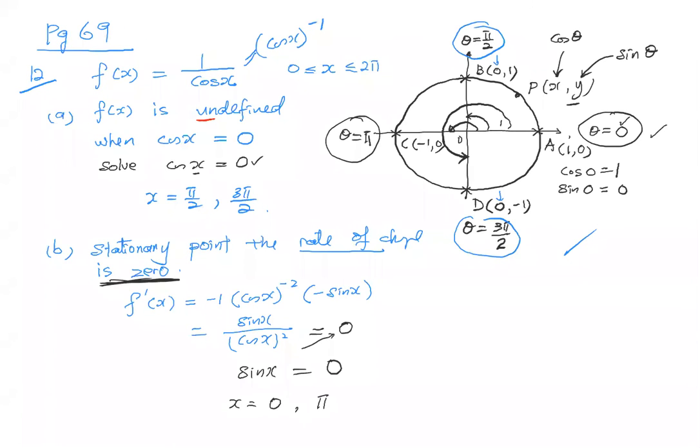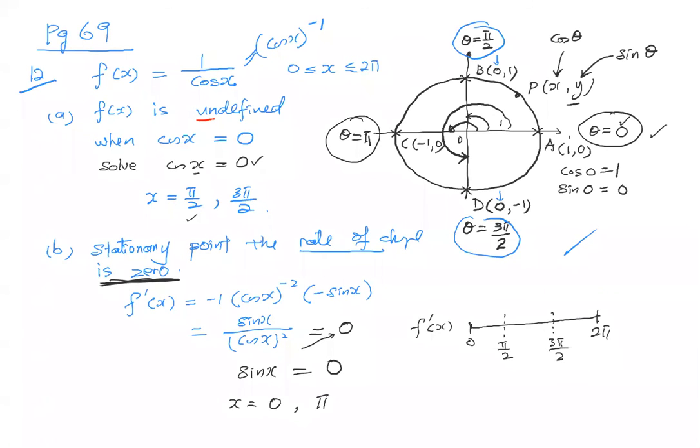Okay, so now we want to know the nature. So what we need to do? We need to get our f prime x sign diagram, am I right? From 0 to 2 pi. Remember, it cannot be pi by 2. It cannot be 3 pi by 2. Okay.